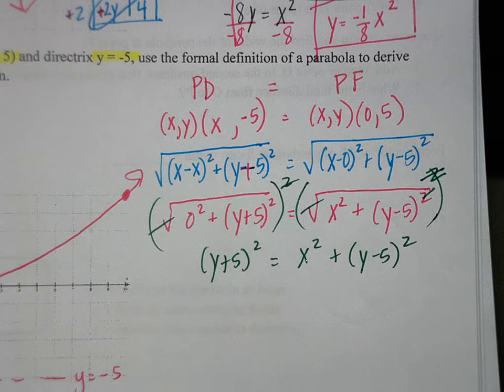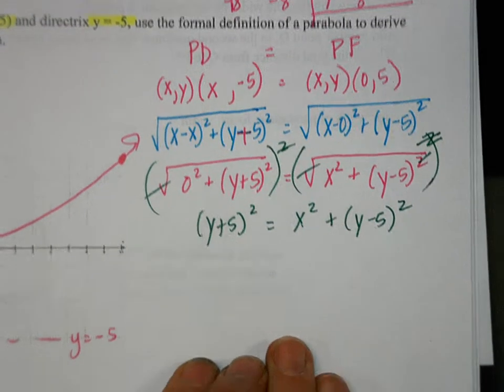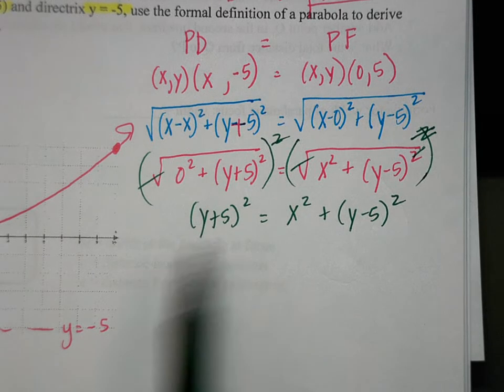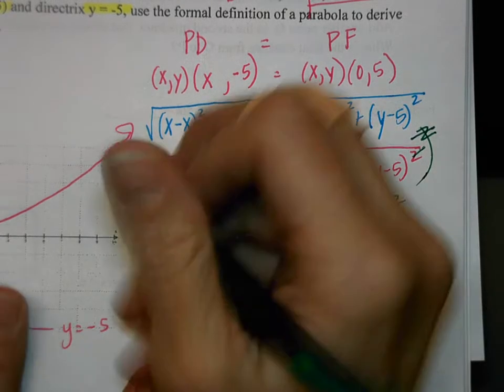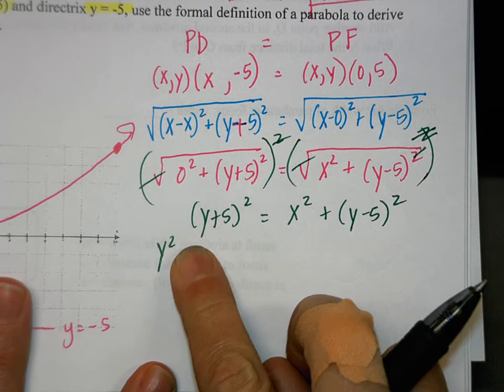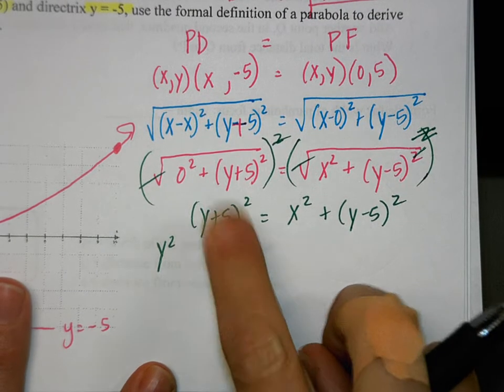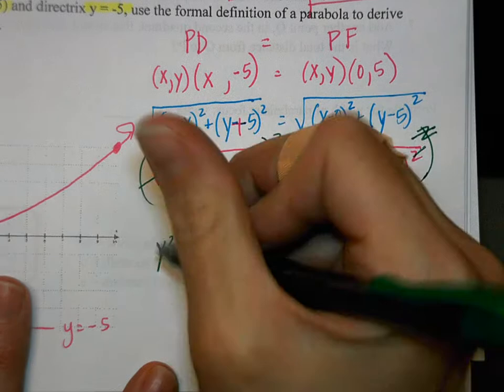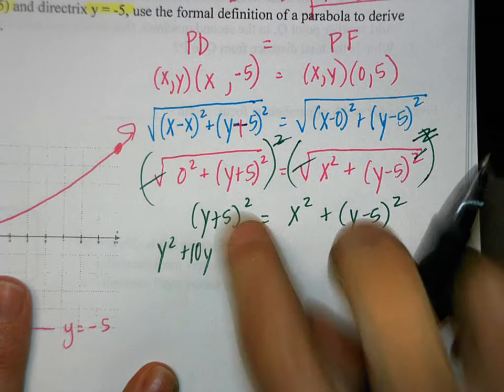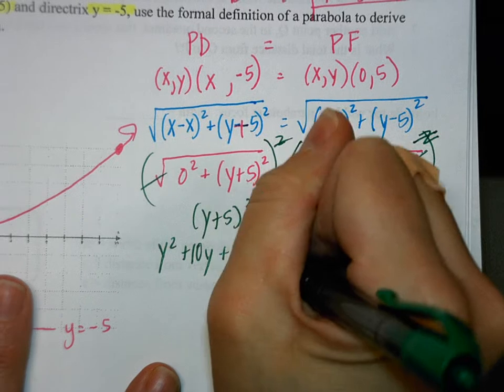We can use a Punnett square if we need to multiply this out, but we know from completing the square that when I write this out, I'm going to have y squared because of y times y, and then we add the 5s. 5 plus 5 would make 10y, and then 5 times 5 would make 25.